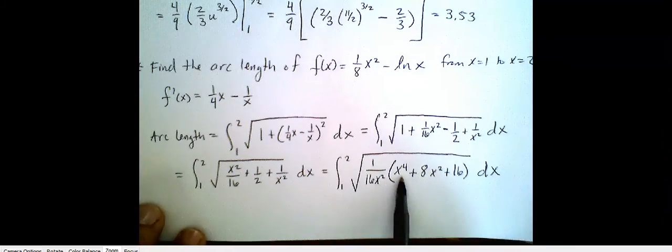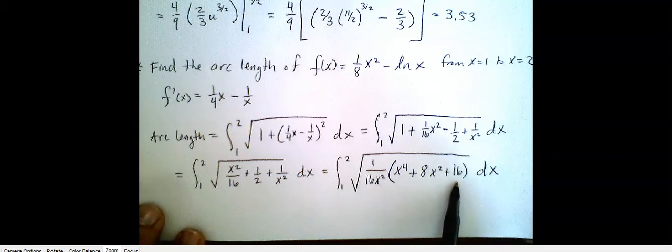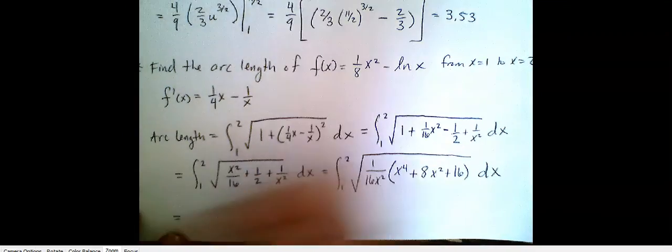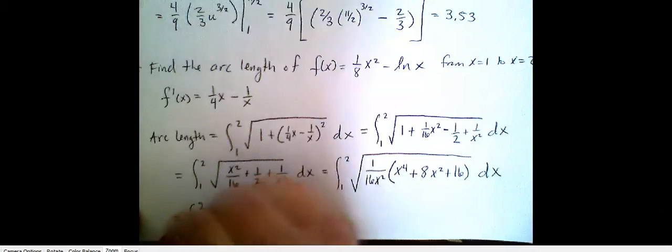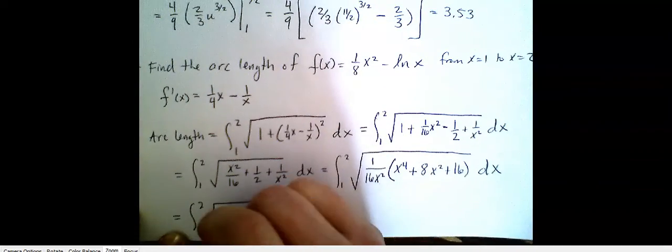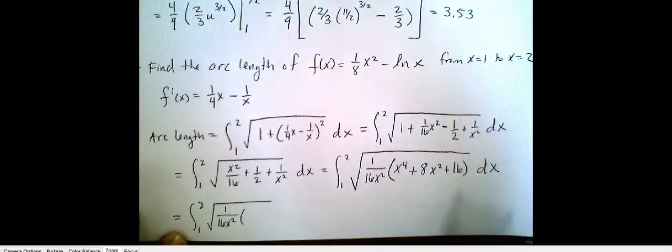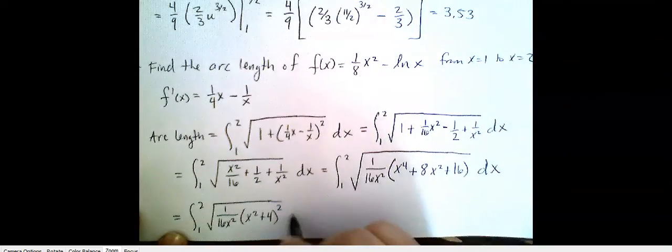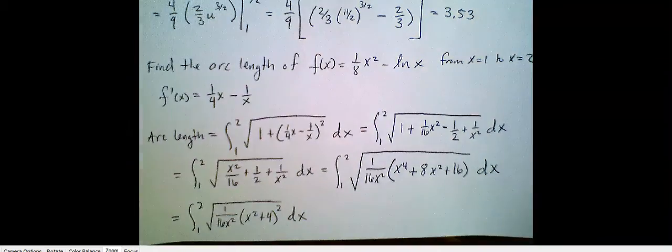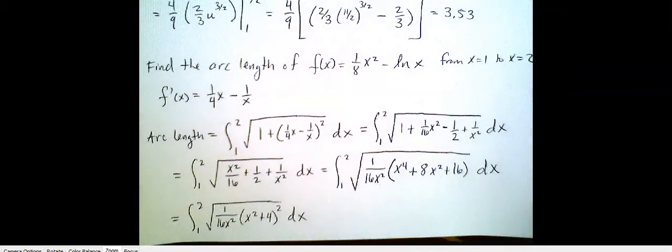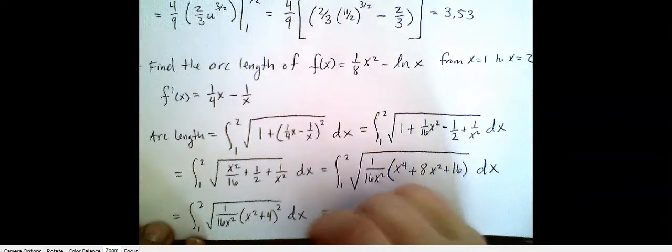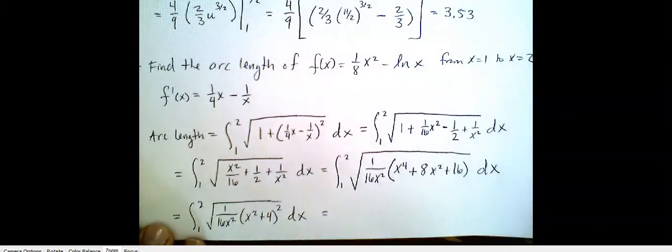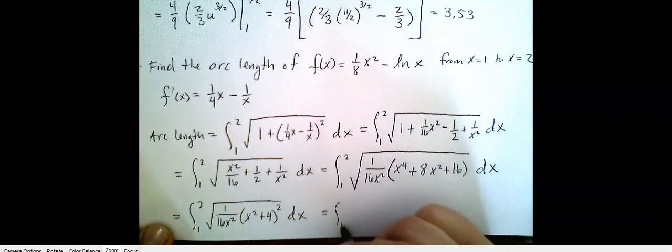So this is nice. You can see that this will factor into a perfect square trinomial, right? So our integral becomes 1 to 2, the square root of 1 over 16x squared, times this FOILs to (x squared plus 4) all squared. So finally, I have the integral from 1 to 2.